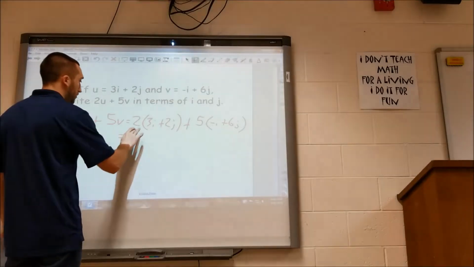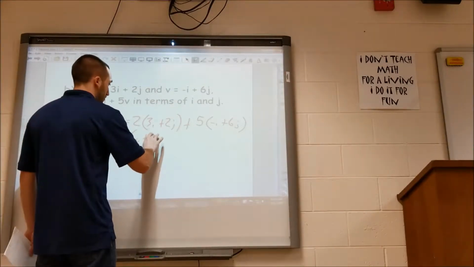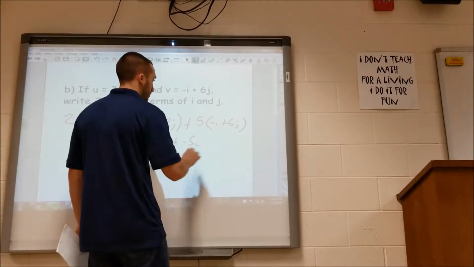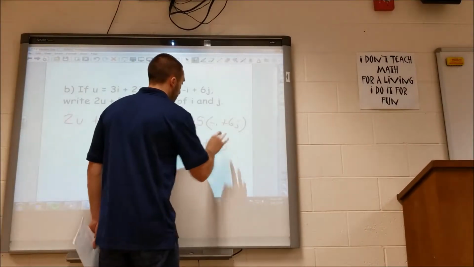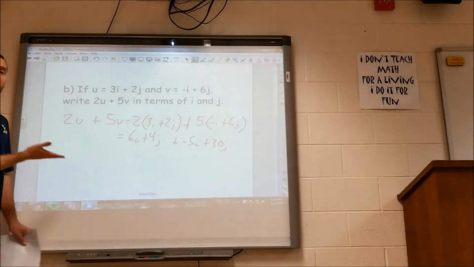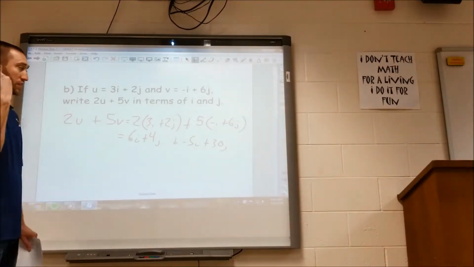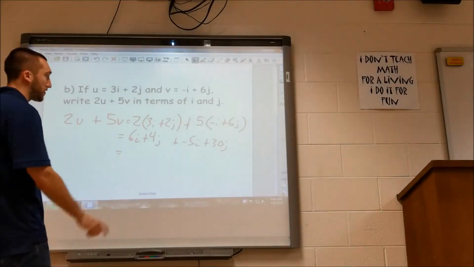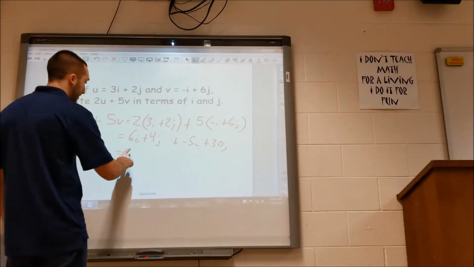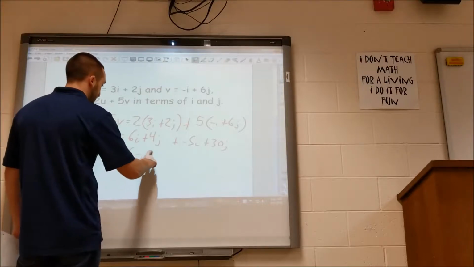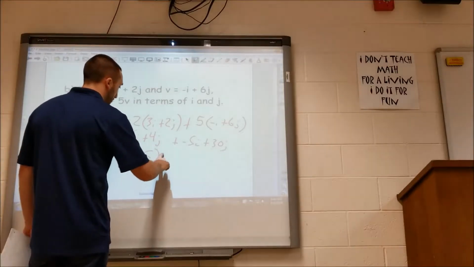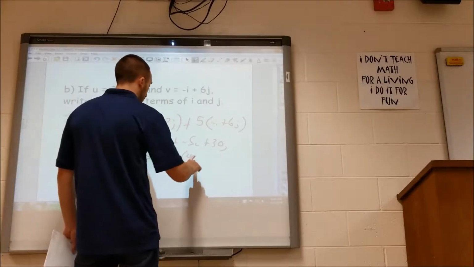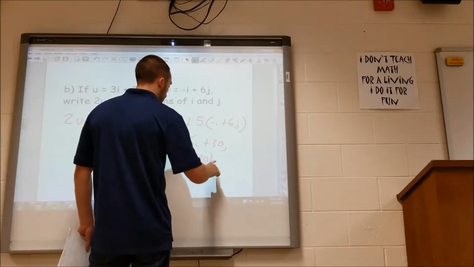Okay, so distribute. And then we can go ahead and just combine like terms like we always have. Just think of it as combining like terms. So the result of 2U plus 5V, I'm going to have 6I. So they like to do 6 minus 5, and that's all being multiplied by I, plus 4 and 30J.